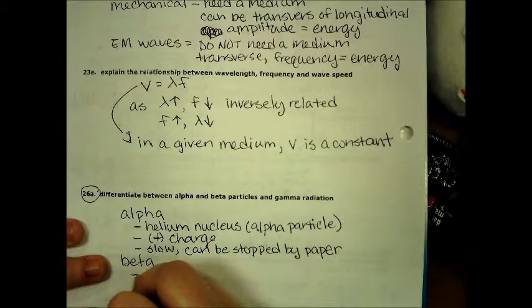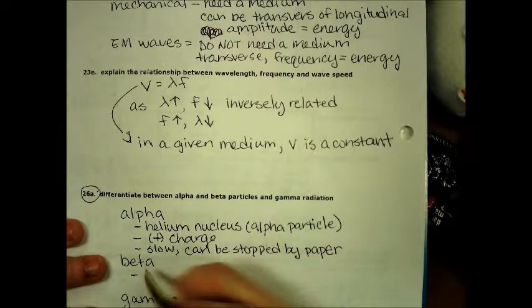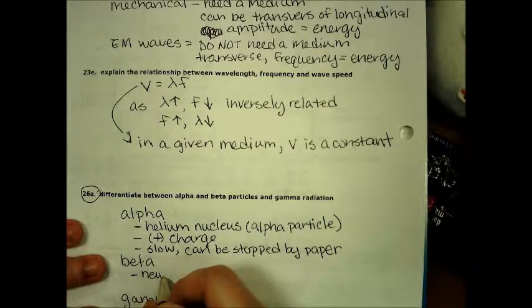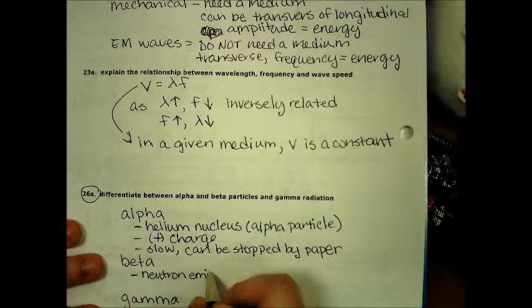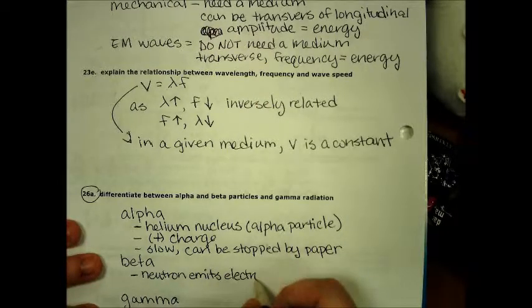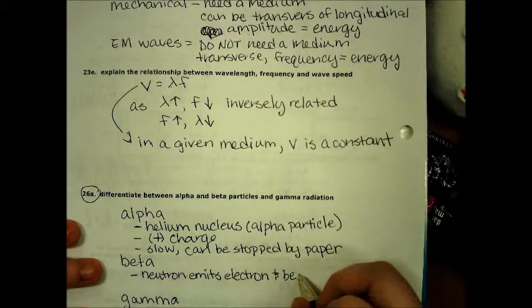Beta decay occurs when a neutron spits out an electron and becomes a proton.